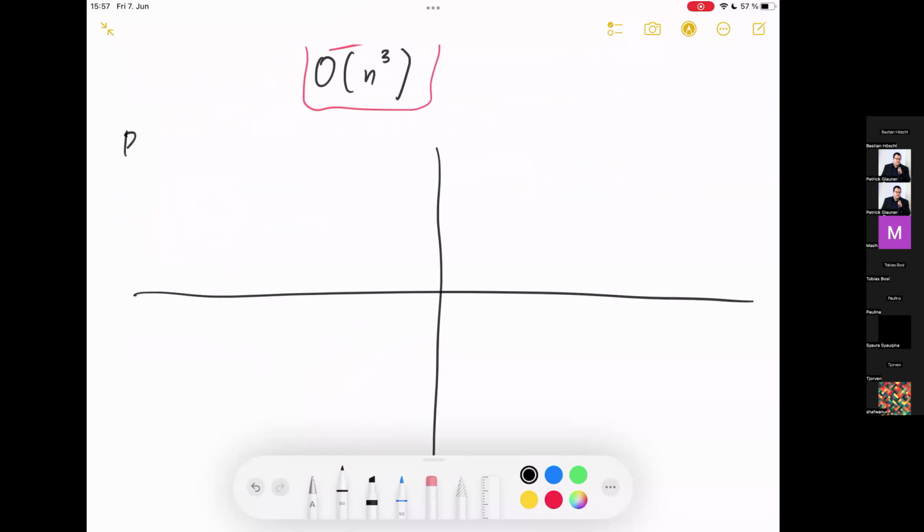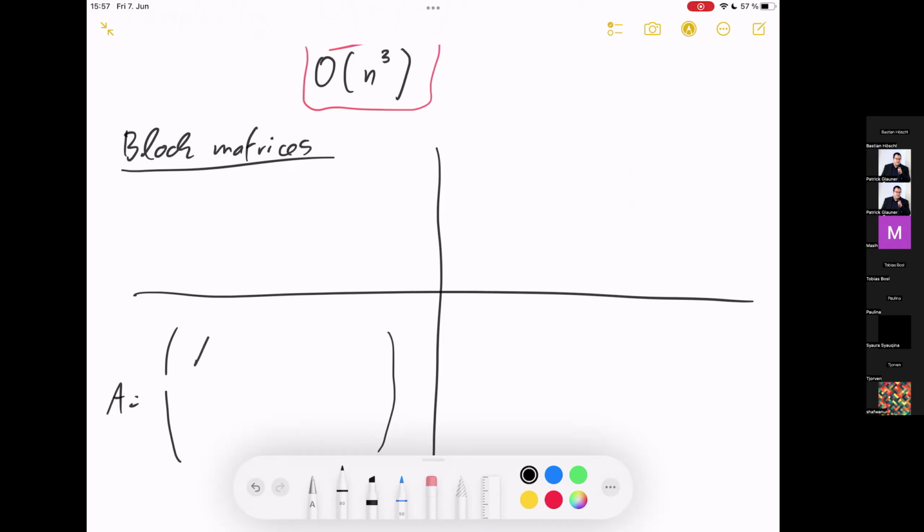So here we say block matrices, and A, because on the iPad I'm hardly able to write A in bold. So this is just now in bold. That's why I've shown you this in the slides before. So A11, A12, A21, and A22. But remember, it's always in bold.